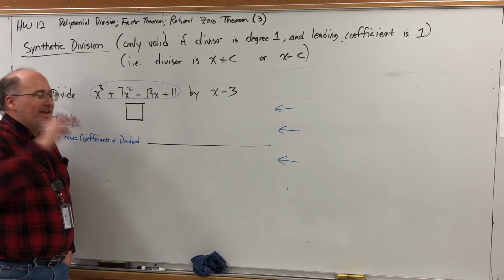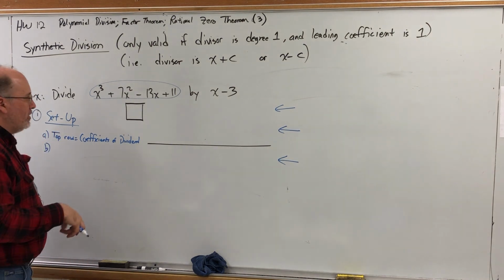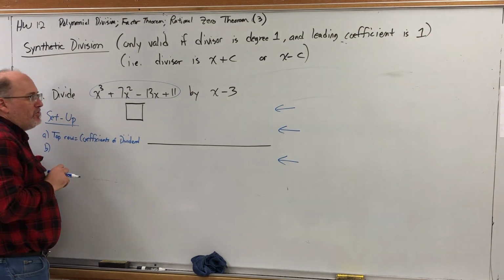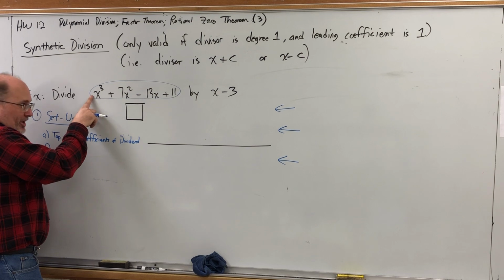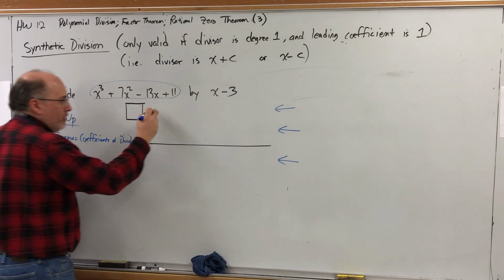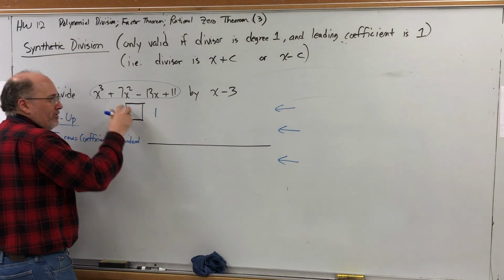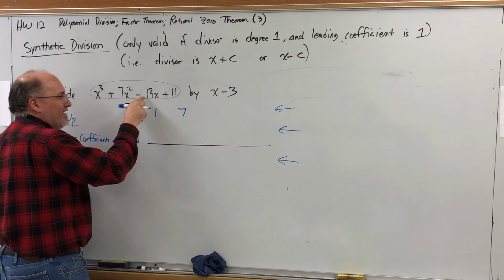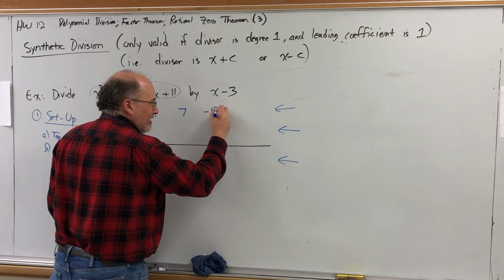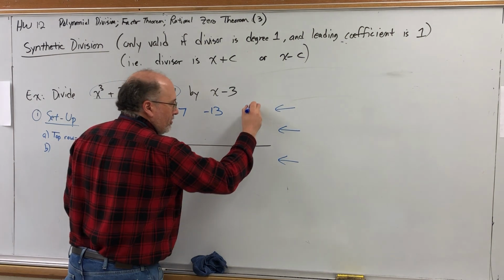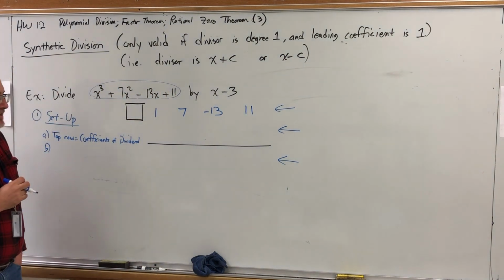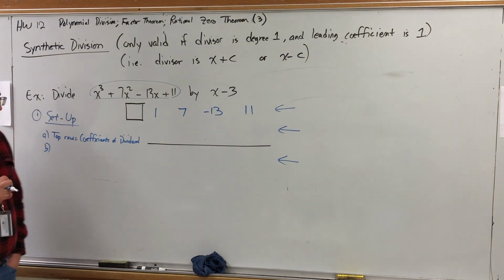The whole plan is to take out the x's and just work with the numbers. So for the top row, the coefficients from left to right are 1, don't forget there's an implied 1 here, 7, negative 13, keep the negatives, and 11. Make sure you keep your numbers spaced out so that they don't run together.